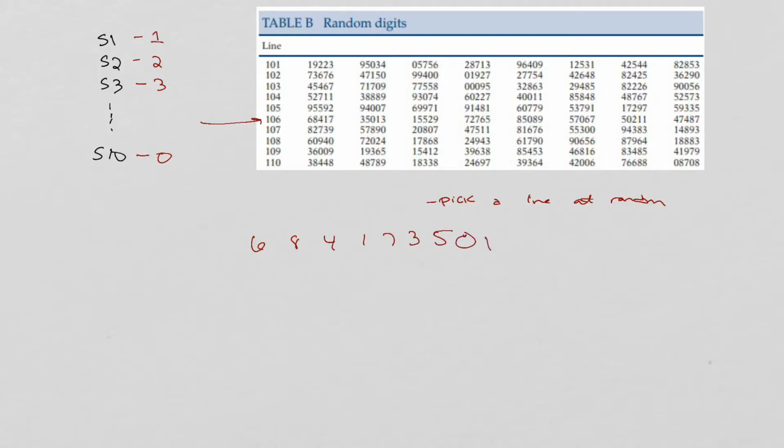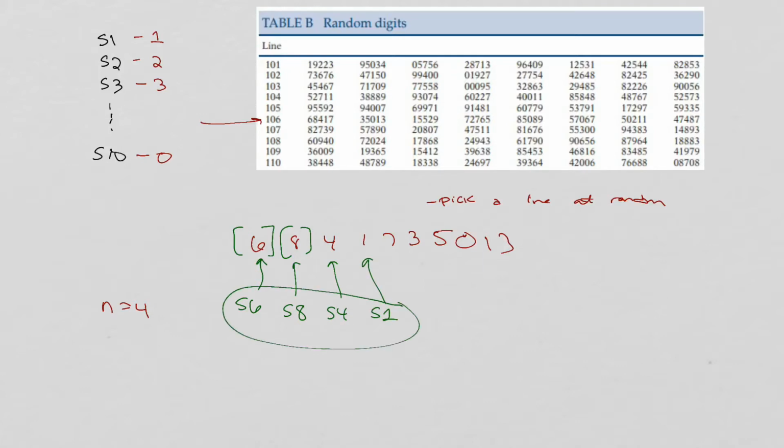If I want to pull out a sample of size 4, since we gave everybody individual numbers, the first number is a 6, so that'd be student 6. The second one is an 8, so that would be student 8. Then that represents student 4, and that represents student 1. So that would be my sample of size 4 for this simple random sample.